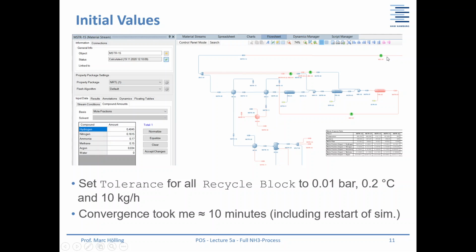And as you can already see here, you have a lot of recycle blocks, since we have the splitter and we have the recycle to the internal heat exchange and so on. And to get reasonable results, I would recommend you to set the tolerance for all recycle blocks to 0.01 bars, 0.2 degrees Celsius and 10 kilograms per hour.